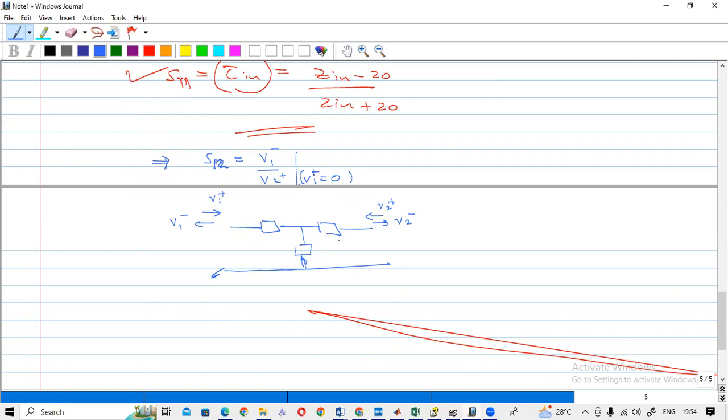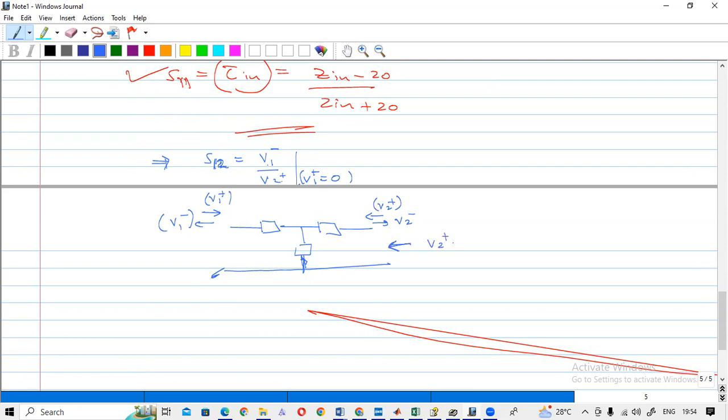Now you have to find V1 minus divided by V2 plus, and you have to make this V1 plus 0. Then what you have to do? You have to send the signal in from this side. If this is the output port, you have nothing to do. You have to send the signal from this side, that is V2 plus. That is the given signal for this direction.